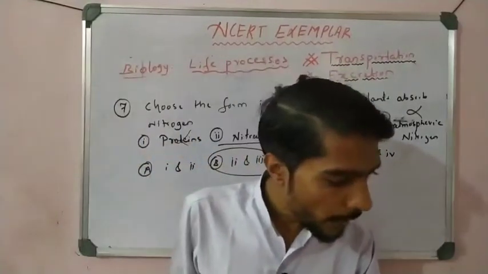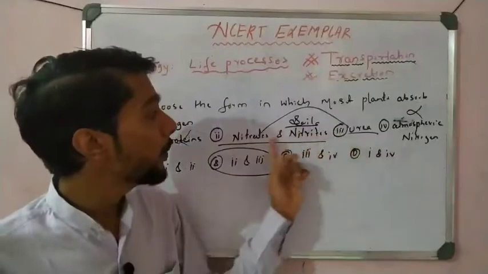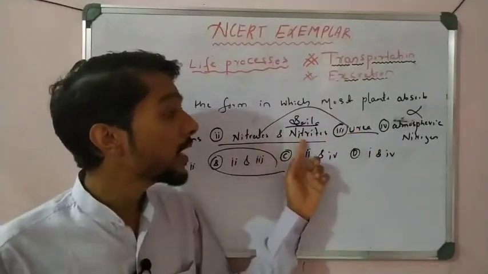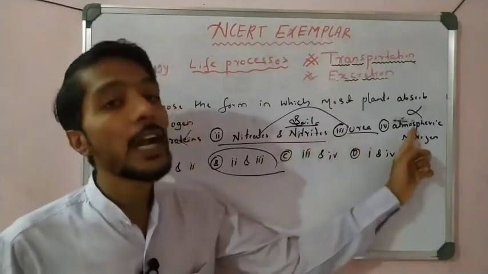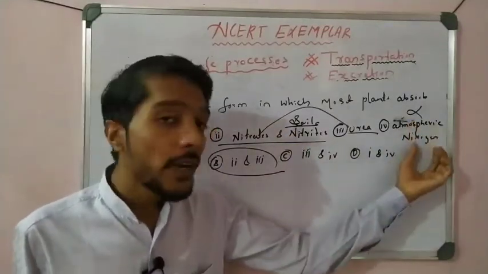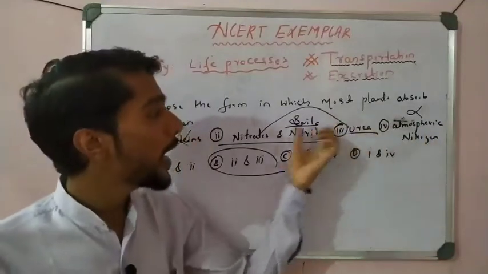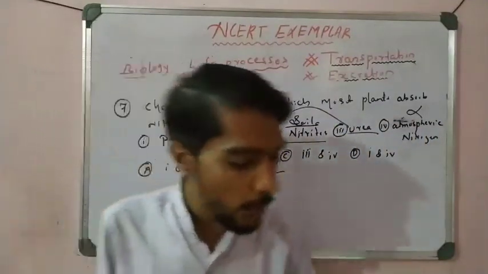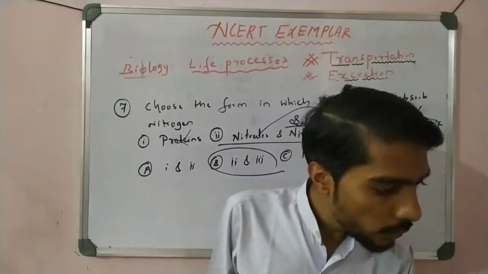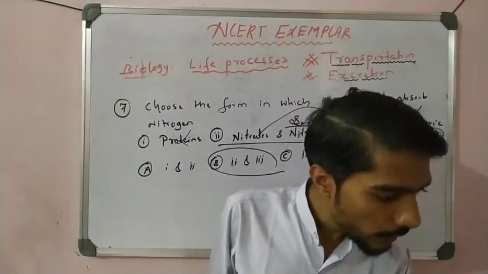This point has to be remembered. Where do urea, nitrates and nitrites come from? They come from atmospheric nitrogen. Some bacteria convert atmospheric nitrogen into urea, nitrates and nitrites. That point has to be remembered. This is another very important question in the transportation topic.